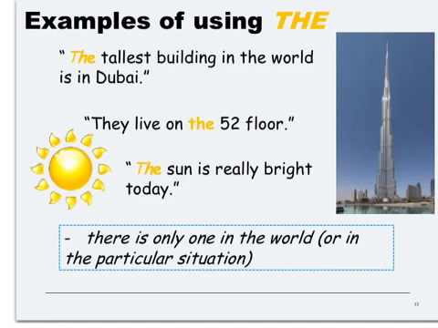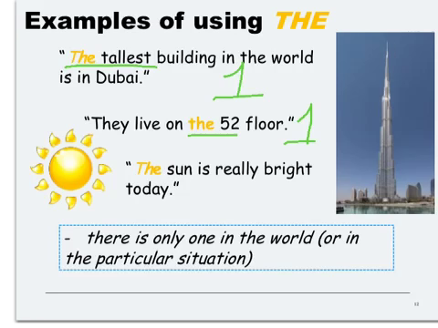Here are some more examples of when we should use "the". The tallest building in the world is in Dubai. There is only one building in the whole world that is the tallest. They live on the 52nd floor. In that particular building, only one floor can be the 52nd floor.